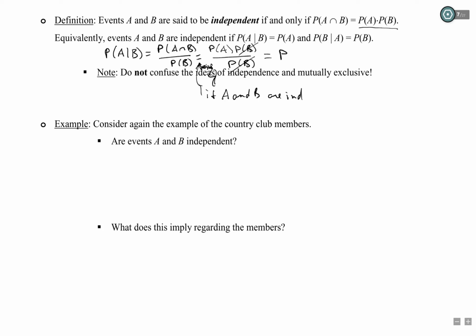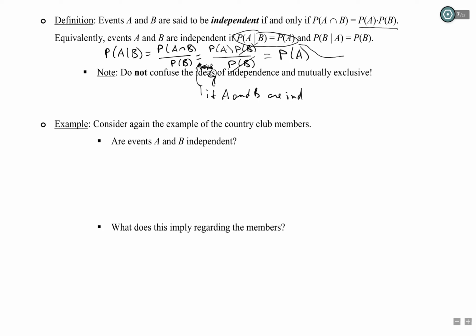It cancels out, so we just have P of A. So what this says is that, and that's what I've got here, equivalently, events A and B are independent if P of A given B is P of A, and if P of B given A is P of B. And so what is this saying here? This is saying knowing information about B does not change the probability of A. Okay, so we think of those events as independent.